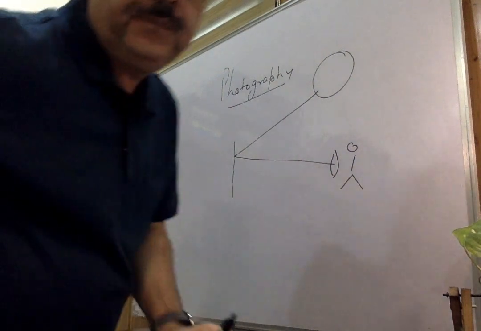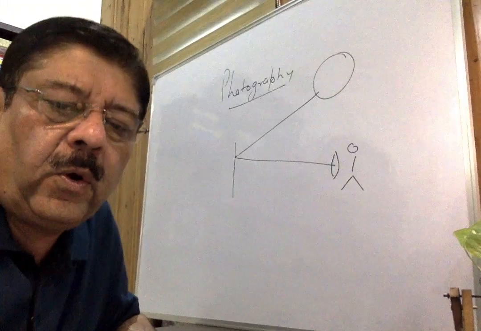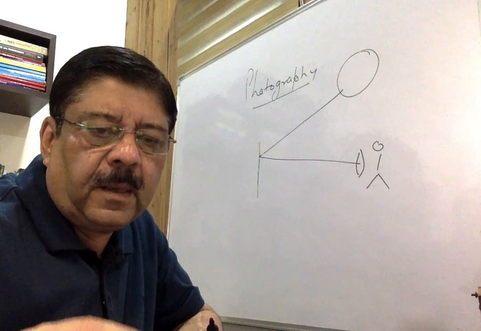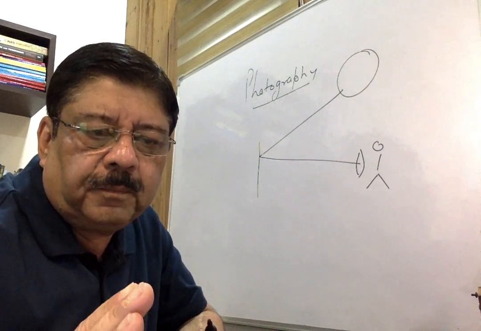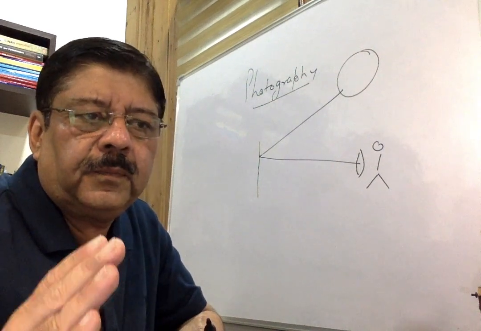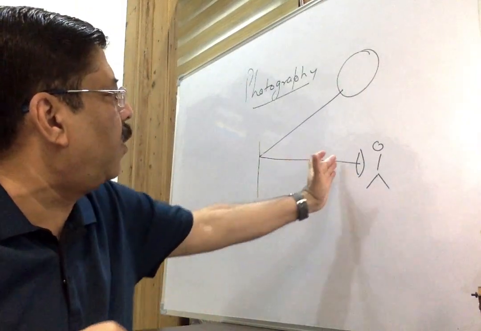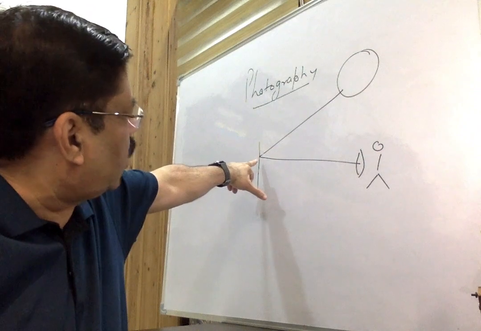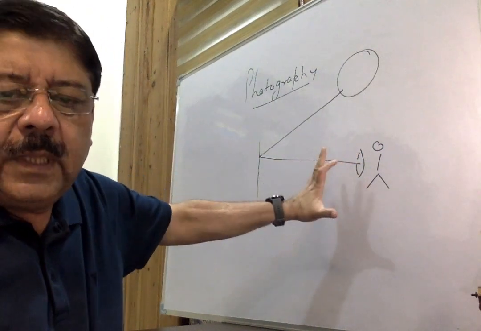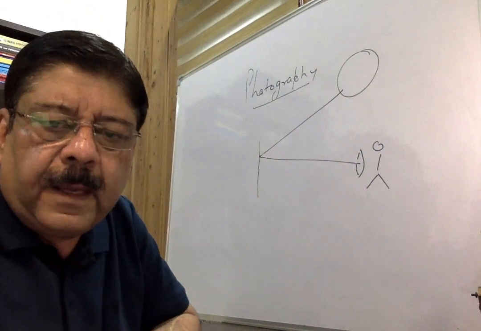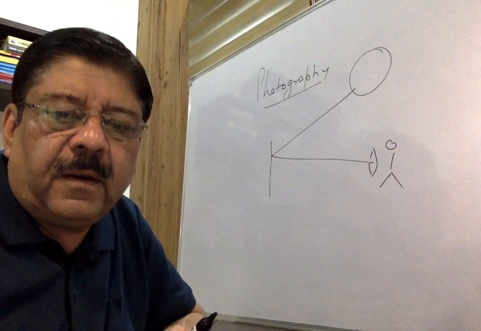In your eyes, there is, you can say, a screen which is called retina. This object's image is formed there. That is the process of seeing.